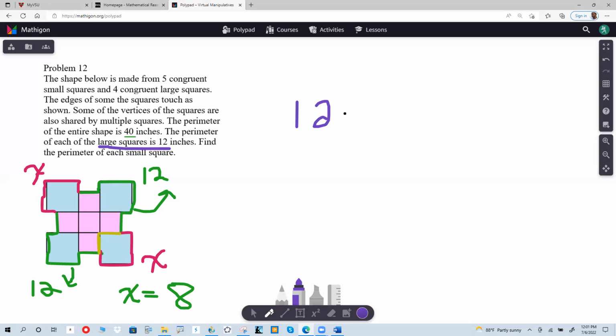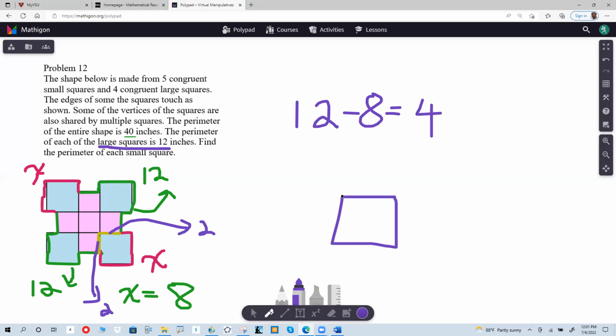From 12, if you subtract 8, you get 4. 4 has to be the yellow L here. If 4 is the yellow L and these yellow sticks are the same size as each side of the pink square, each has to be 2. This is 2, this is 2, and 2 plus 2 is 4. Now you know each side of the pink square is 2.